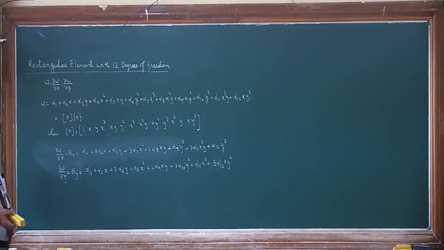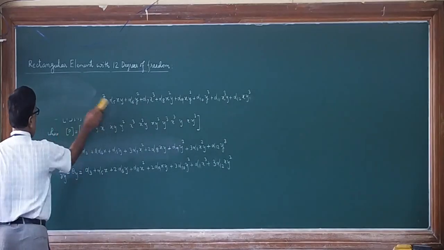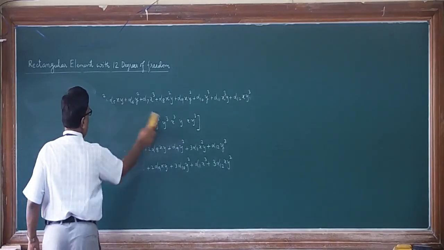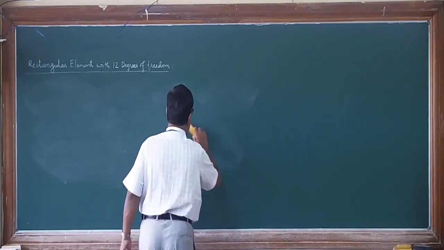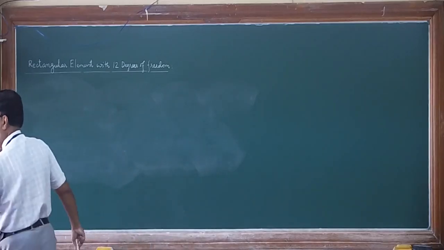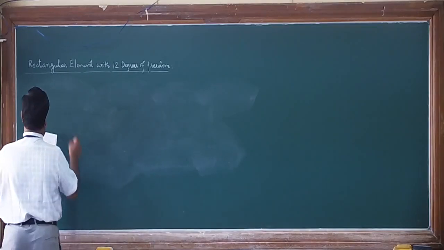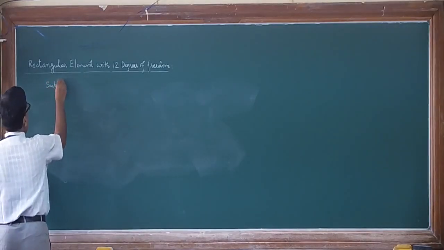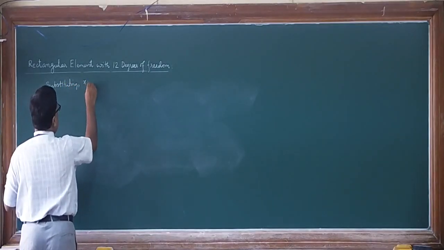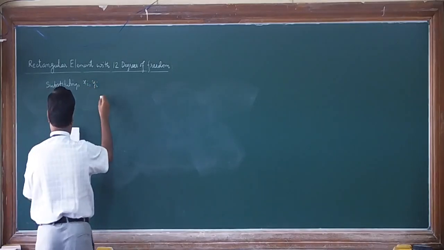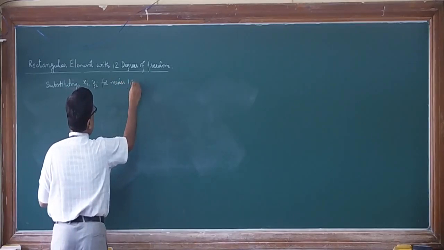So let us quickly substitute these values, xi, yi, wi, substituting xi, yi for nodes 1, 2, 3, 4.